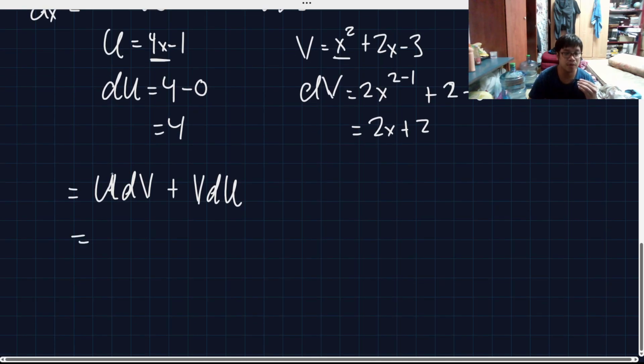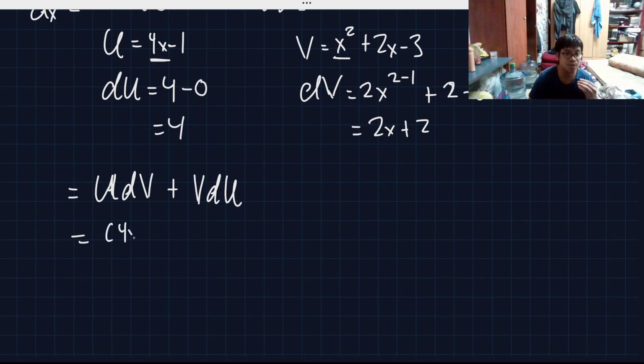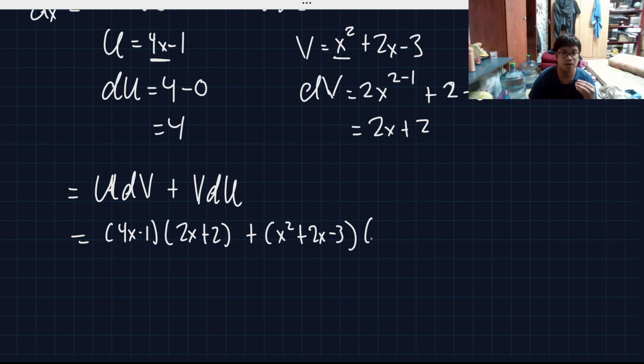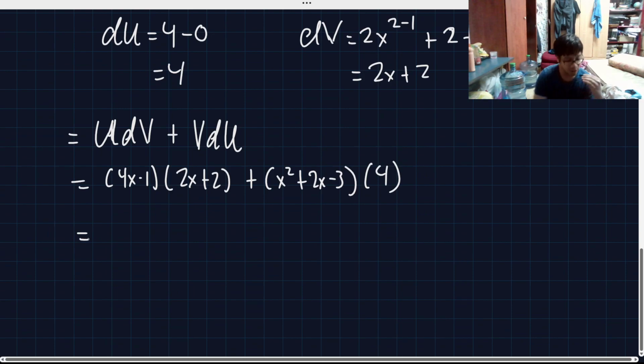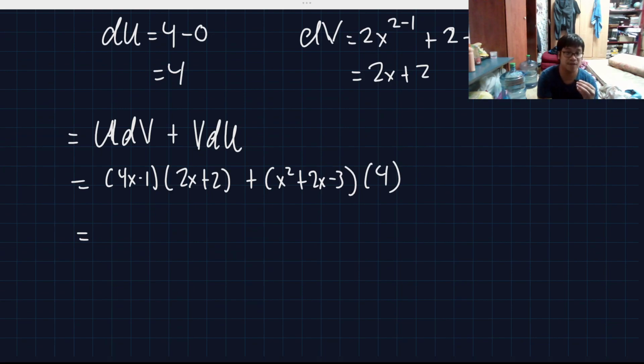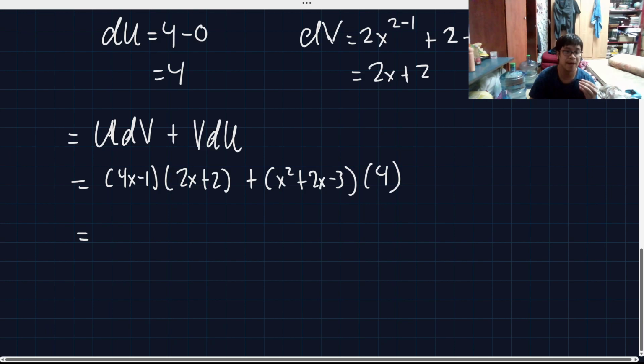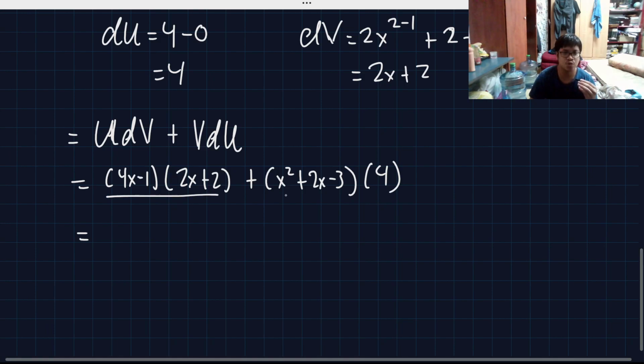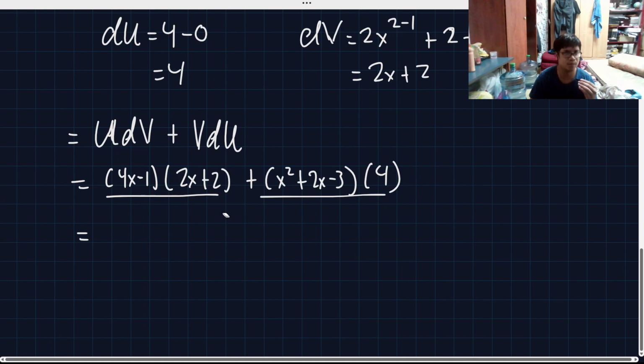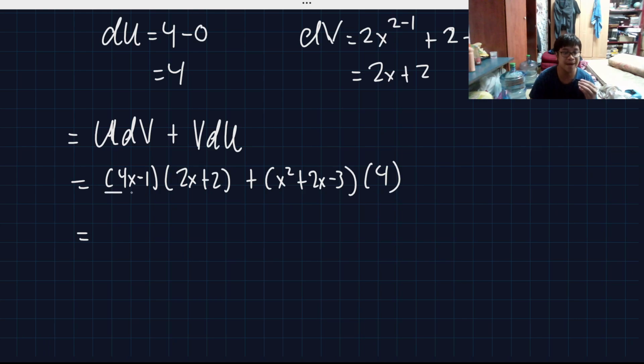Our u is 4x minus 1 times your dv, that's 2x plus 2, plus your v, which is x squared plus 2x minus 3, times your du, which is simply 4. So now we're going to combine everything. By combining, we're going to expand these two terms because they have parentheses, so we must remove those.